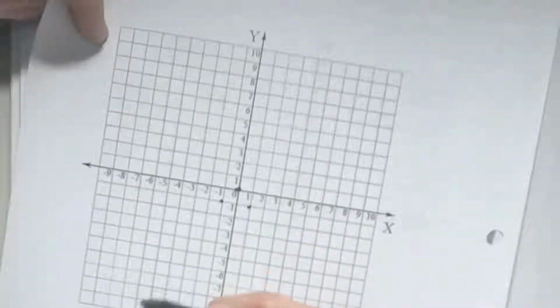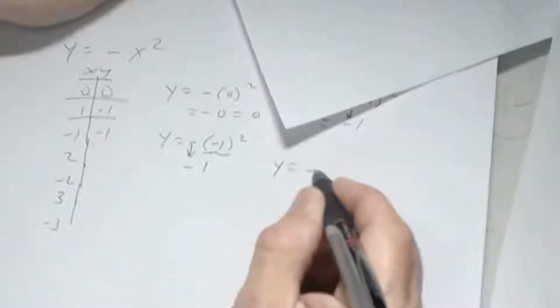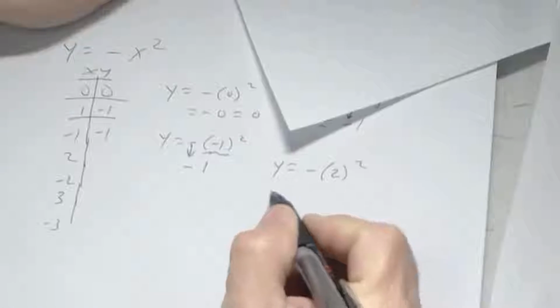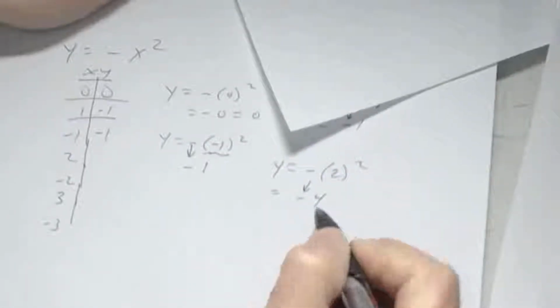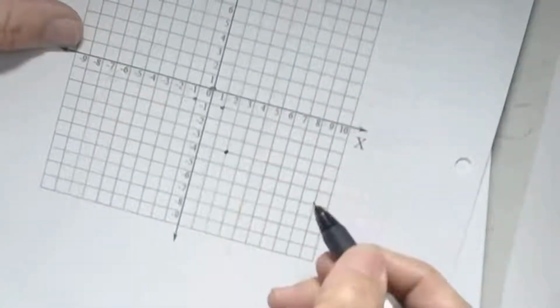So again, using the idea of symmetry, remember it's a parabola, not a V, so don't all of a sudden start drawing rays. These are not rays, these are curves. When x is 2, I get y equals the opposite of 2 squared. What's 2 squared? So this becomes a negative 4. So 2, negative 4 is here.